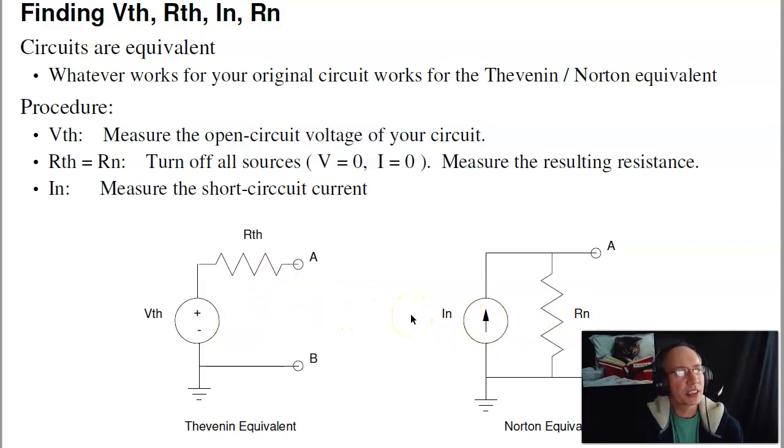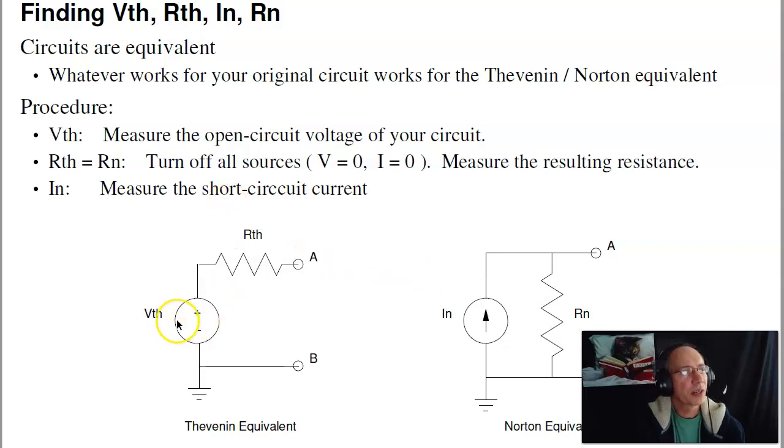You've got to get the same answer because, again, those two are equivalent. To find V Thevenin, measure the open circuit voltage. If it's open circuit, the current is 0, so I times R is 0. VAB equals V Thevenin. To find the short circuit current, or I Norton, you short the output, and I get V over R. Over here, short the output, I get I Norton.